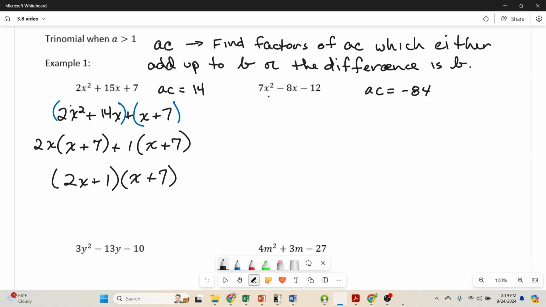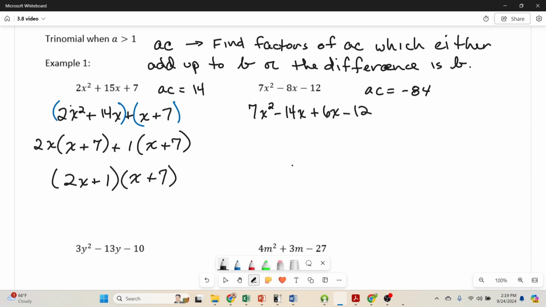So we're going to go through and figure that 7x squared. So what are the factors of negative 84 that are 6 apart? Well, those happen to be negative 14x and positive 6x minus 12.